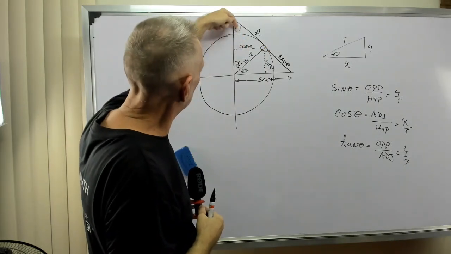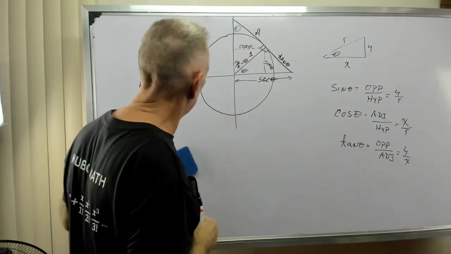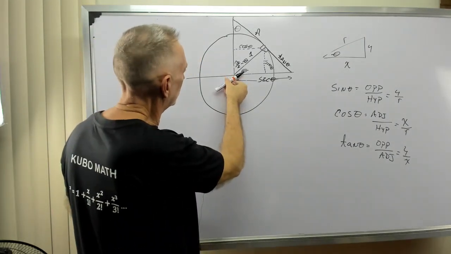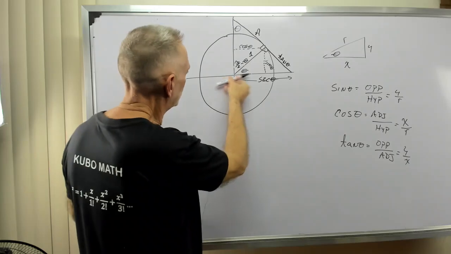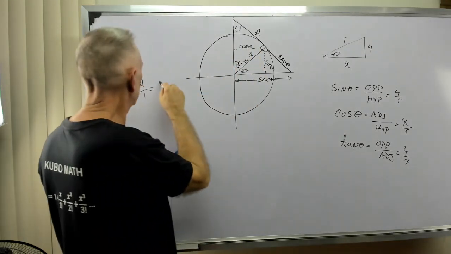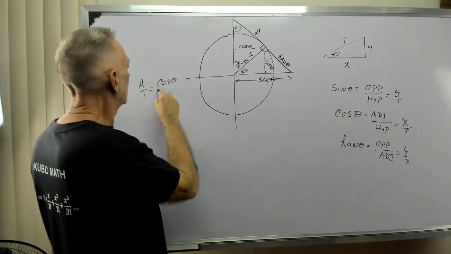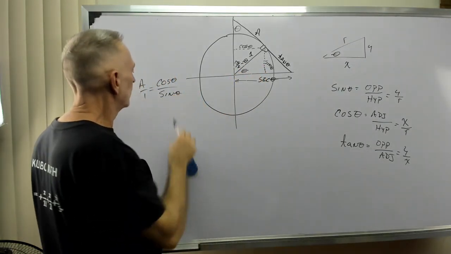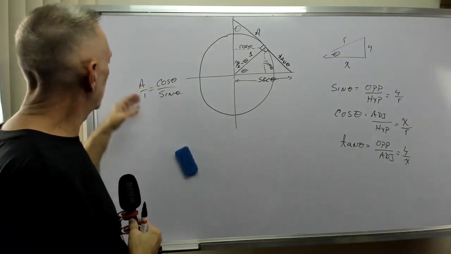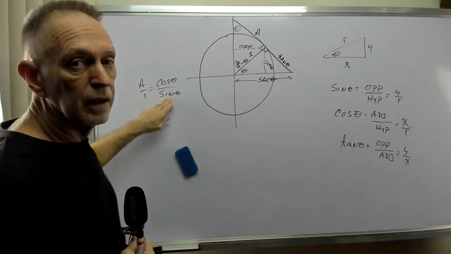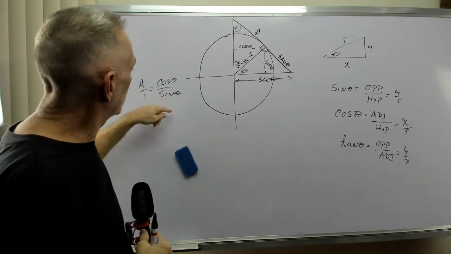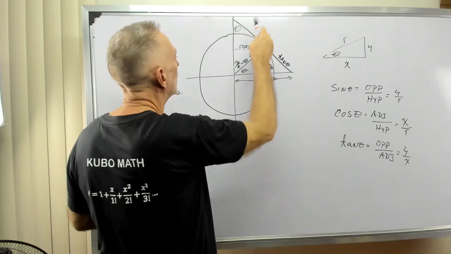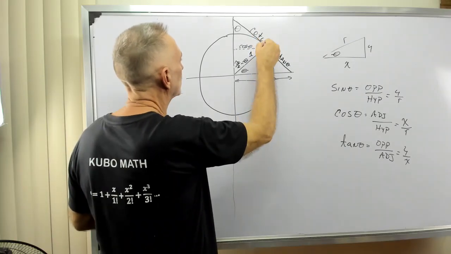Looking at theta, the adjacent side, which is what? Cosine, is to the opposite side, which is sine. So A over 1 equals cosine theta divided by sine theta. Well, what is that? That's cotangent. So this is cotangent theta.